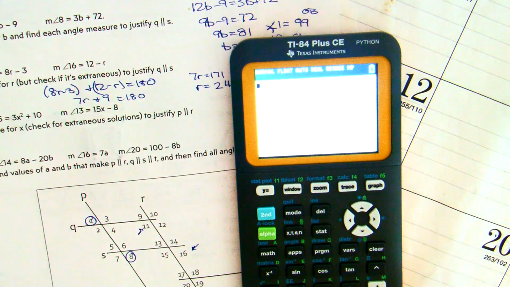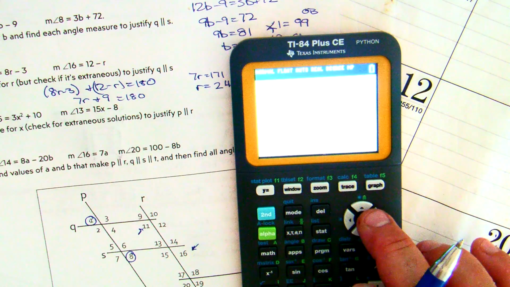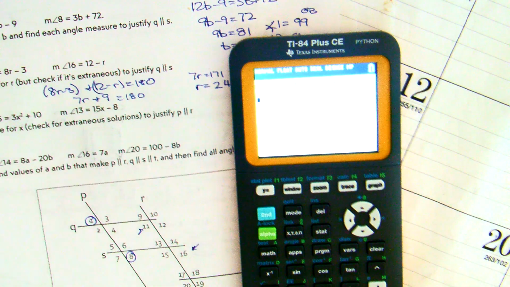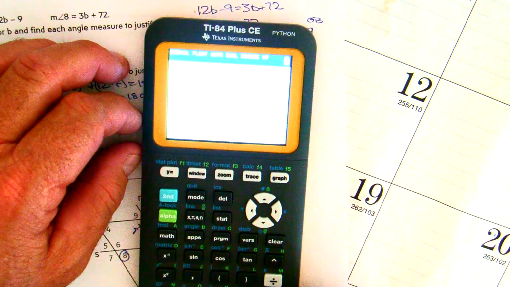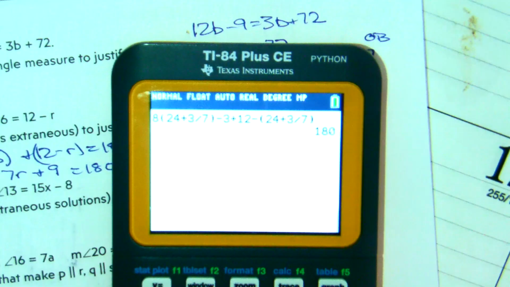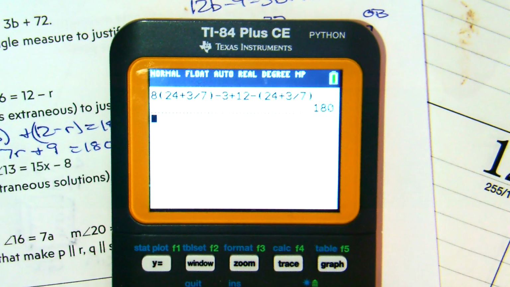That would be 8 times 24 plus 3 divided by 7, minus 3, plus 12 minus 24 and 3/7. And I get the 180, so you plug it back in, it gives you 180, so you're good to go.